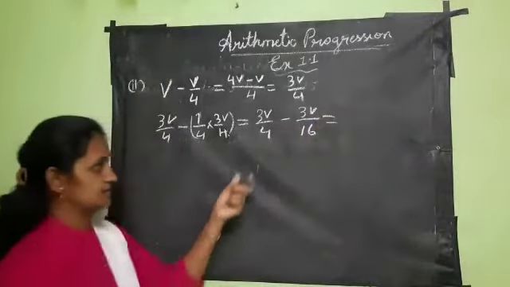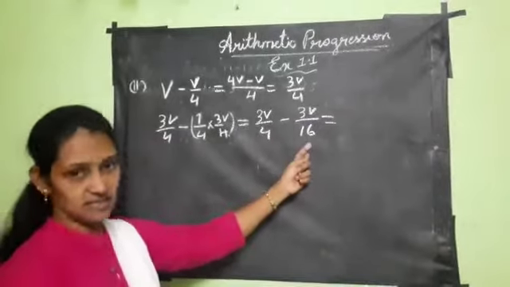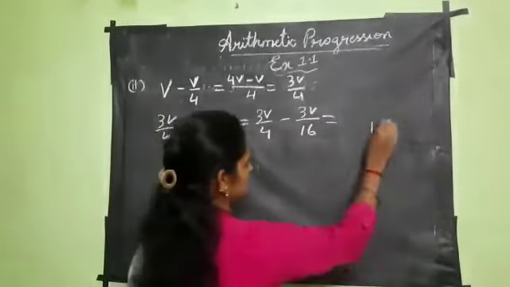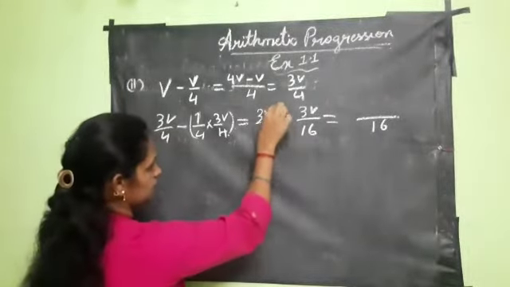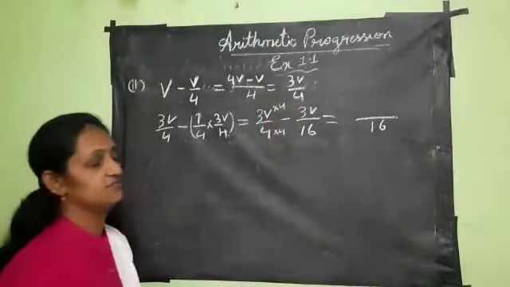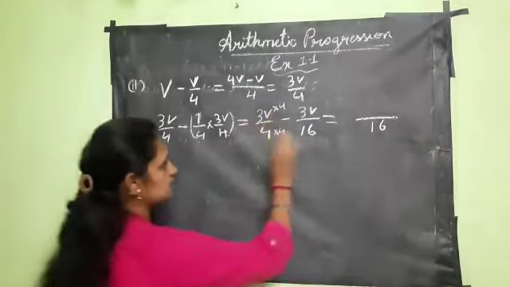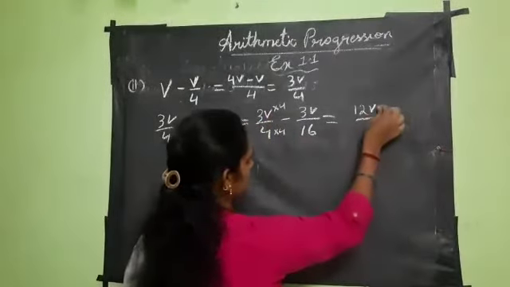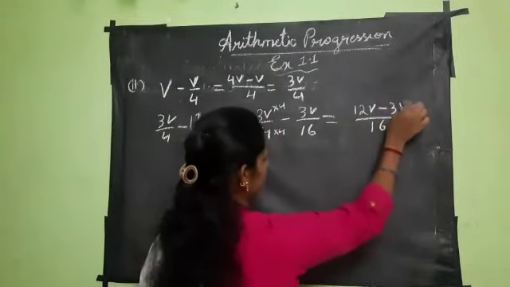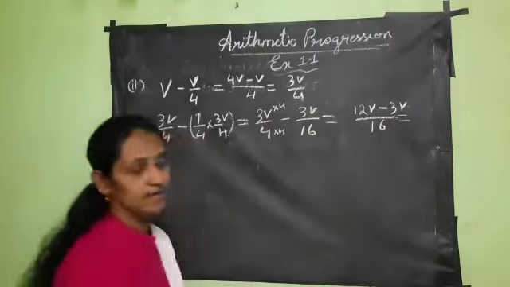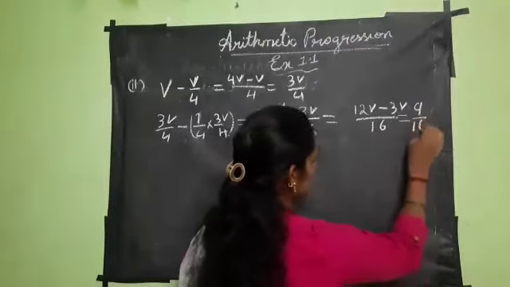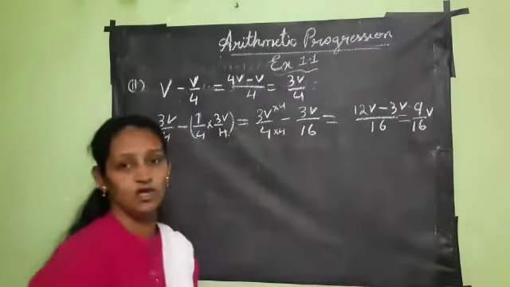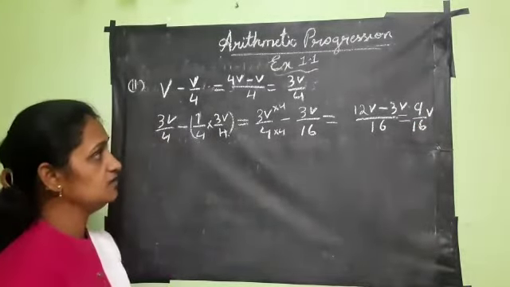So here LCM, since 4 is a factor of 16, LCM will be 16. To balance we have to multiply here with 4. So numerator also should be multiplied with 4. 4 3s are 12v minus 3v. 12v minus 3v is 9v. That is 9 by 16 of the volume. So 9 by 16 v is given.